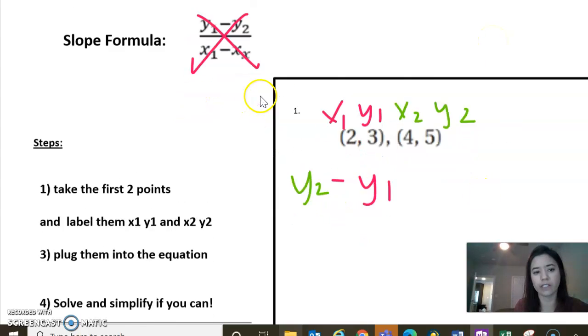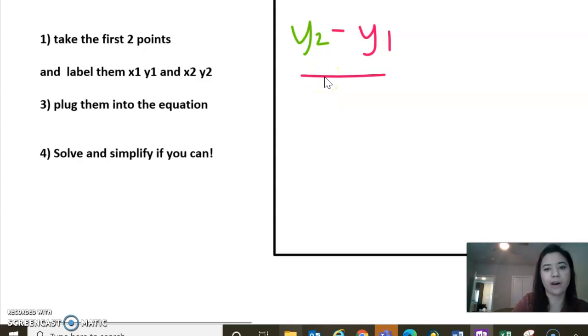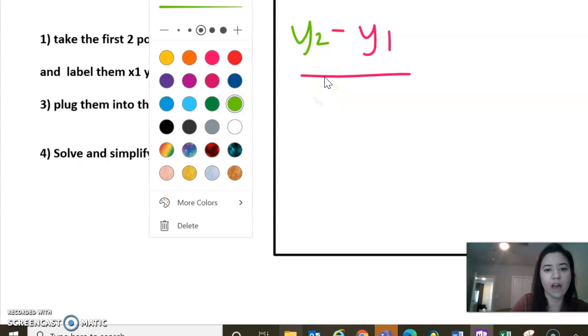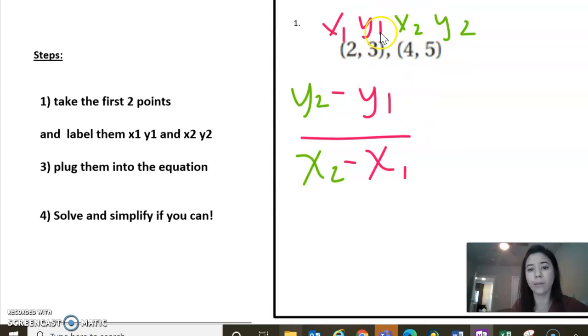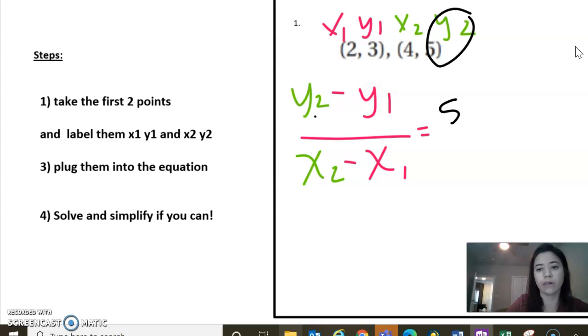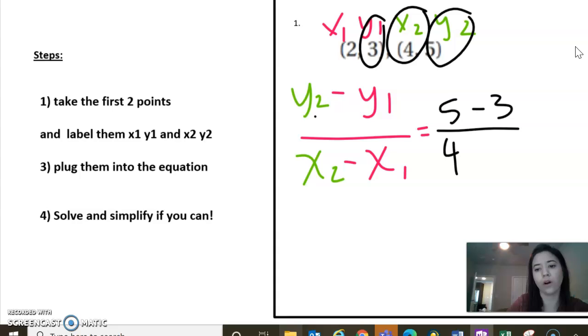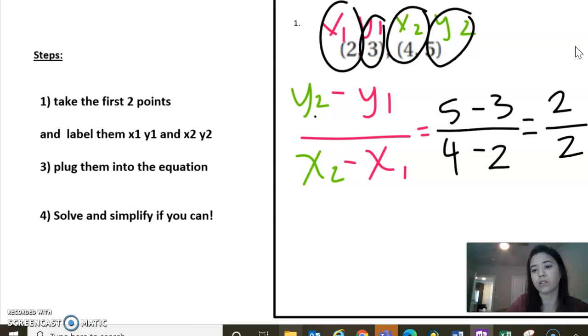Ignore this. I'm going to fix that. y2 minus y1 over x2 minus x1. So now I can plug these points in. y2 was 5 minus y1 was 3 over x2 was 4 minus x1 was 2. 5 minus 3 is 2. 4 minus 2 is 2.